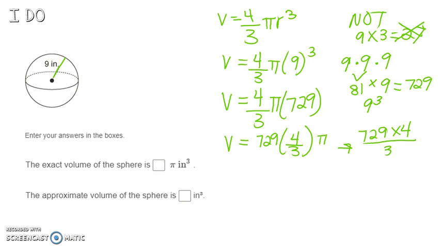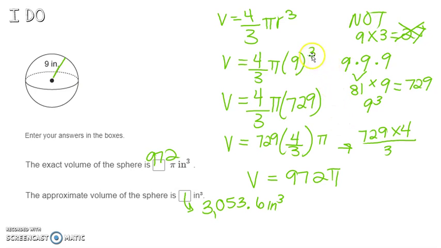Whichever way is easier for you, you should get the answer of 972 pi, which if we were to find the approximate volume is 3,053.6 inches cubed.